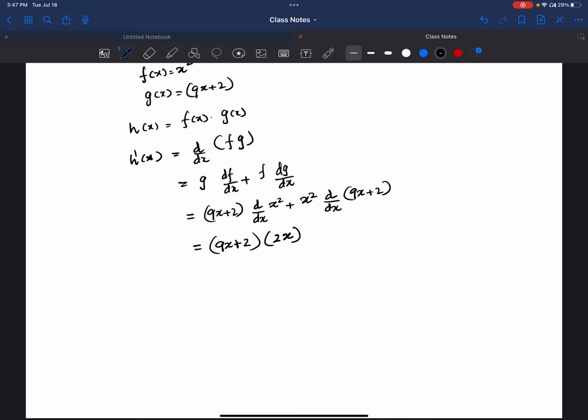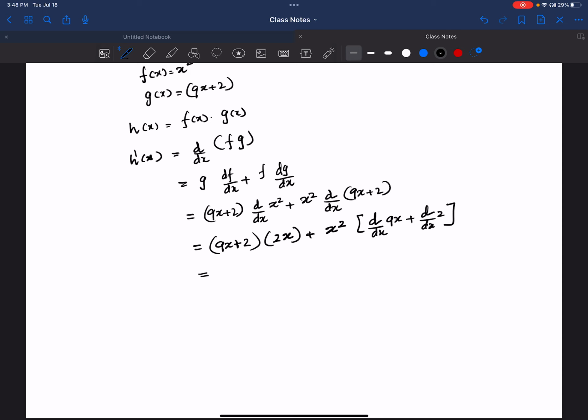plus x squared, and you can use the sum rule here: d over dx of 9x plus d over dx of 2.